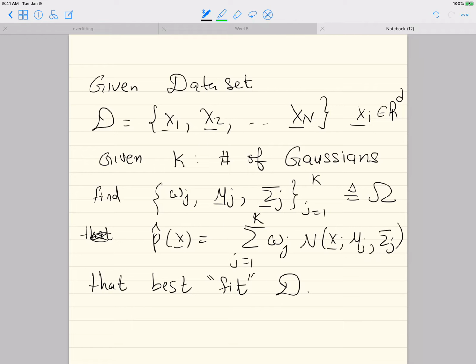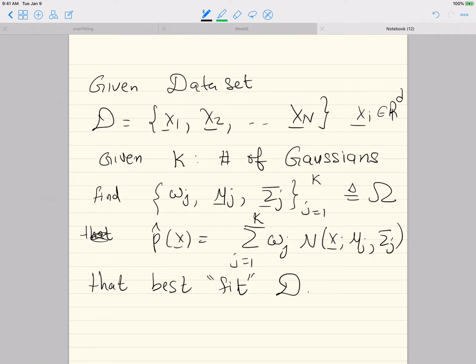Okay. So for each choice of Wj, mu j, and sigma j, I will have some density function, p hat of x. Once I select these parameters, these are my model parameters, I get a p hat of x. My goal is to select these parameters that best fit the data set.